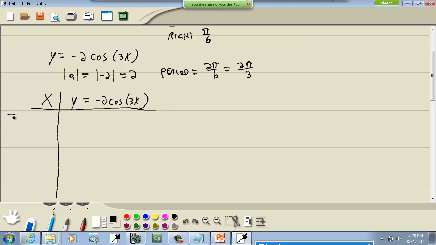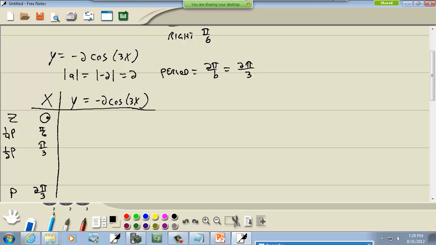Okay, so this is always 0. Our last one here is always our period. So that's 2 pi over 3. Middle here is 1/2 of our period. Well, if I take 1/2 times this, the 2's would cancel, and I'd have pi over 3. 1/4 of our period, if I take 1/4 times this, I'd get pi over 6.